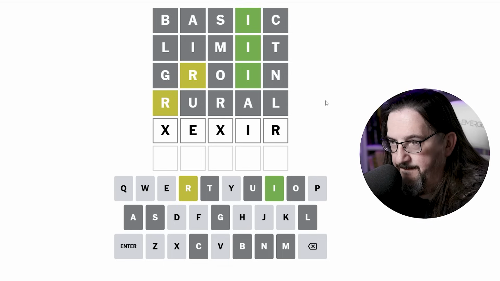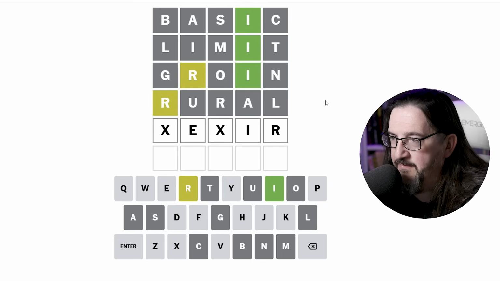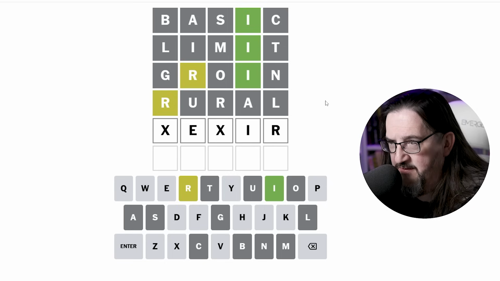And then the question becomes, what goes in the middle here, right? There's no double R, there's no double I. So it's a unique letter. I don't think there's 2 E's here. That wouldn't be a thing.